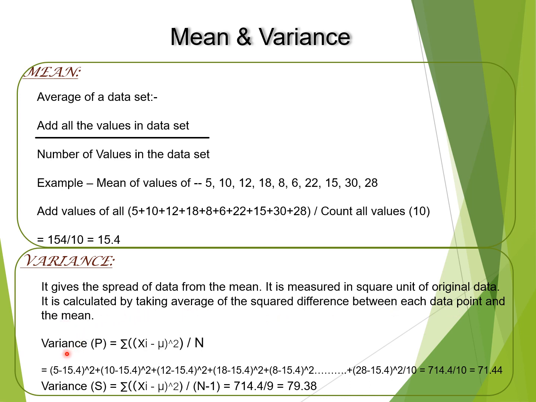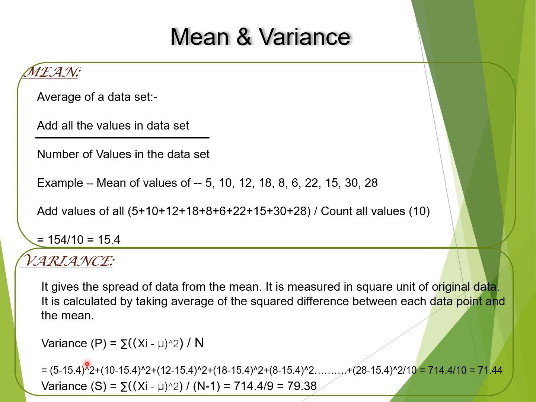How do we do it? Variance, this is for the population. When we say population, that means all the data we shall be considering. Sigma of xi, where xi is each data, minus mu, the mean, whole square, divided by n.